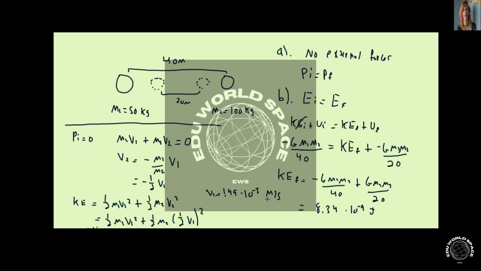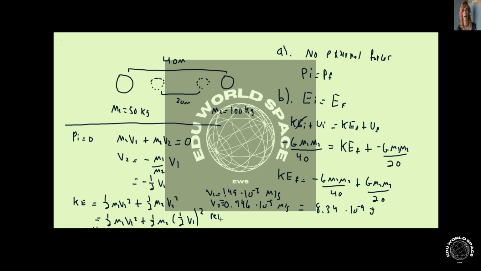meters per second. We could go back to an equation and solve for v2, but we also know that v2 has to have half the velocity. We already found that. So just dividing that by 2, we get that v2 must be 0.746 times 10 to the minus fifth meters per second. And this is with the minus sign, it's going to the left, so the opposite direction.